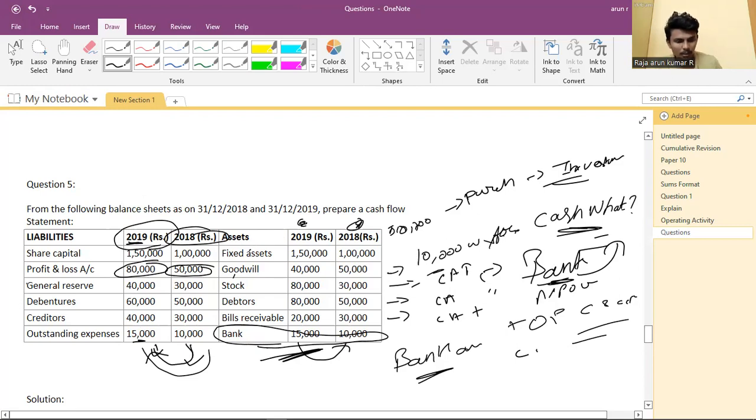In the debit side, they give the reserves, we took that already, and debentures there. Debentures opening 50,000, 60,000 is there. We issue some debentures like that. Debentures are borrowings, we can increase the borrowings. It is a financing activity.